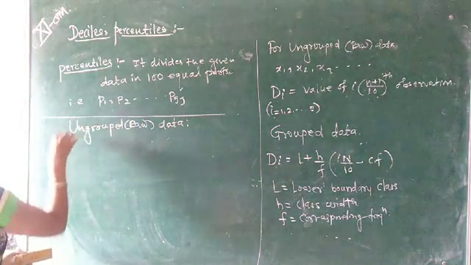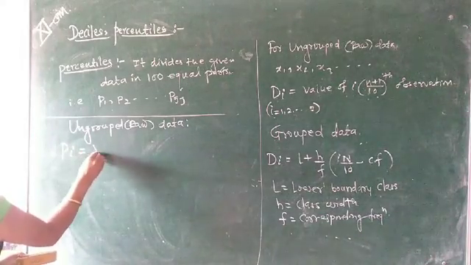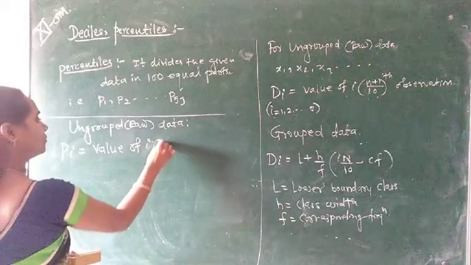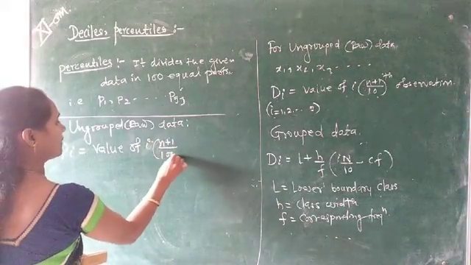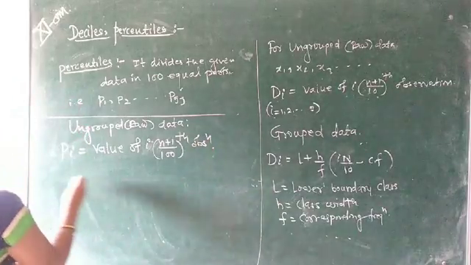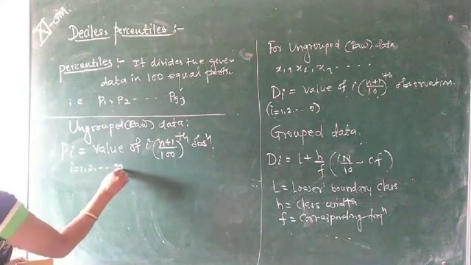Don't forget to write in ascending order. The formula for percentile is Pr is equal to the value of r into (n plus 1) divided by 100th observation, where r is equal to 1, 2 and so on up to 99.